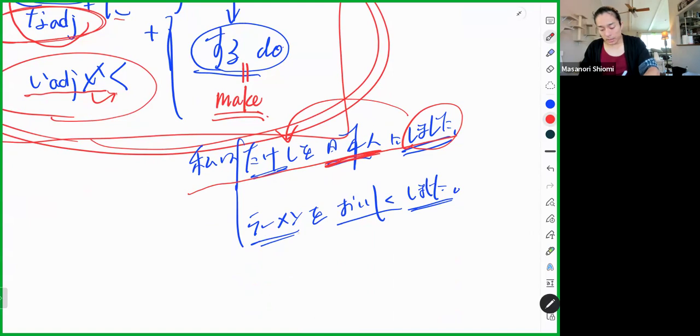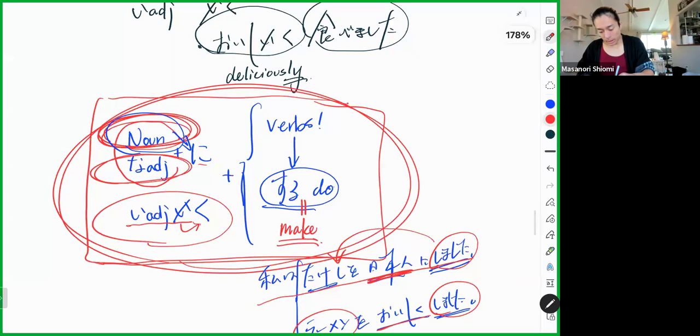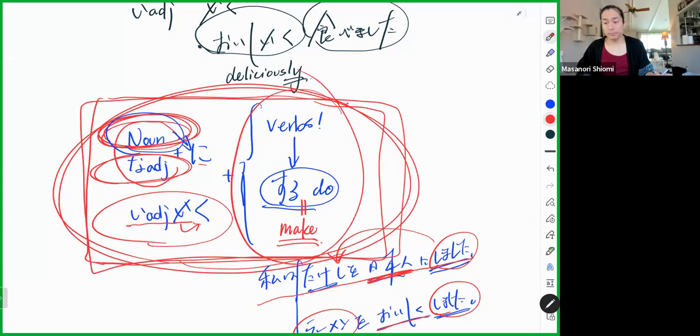I made ramen delicious. Okay. Hope that makes sense. So again, this is the most important point. You can combine with any verbs, but just make sure this one, suru, is a little bit different.